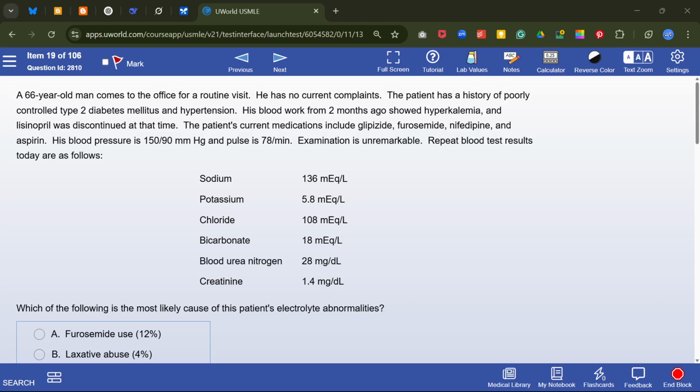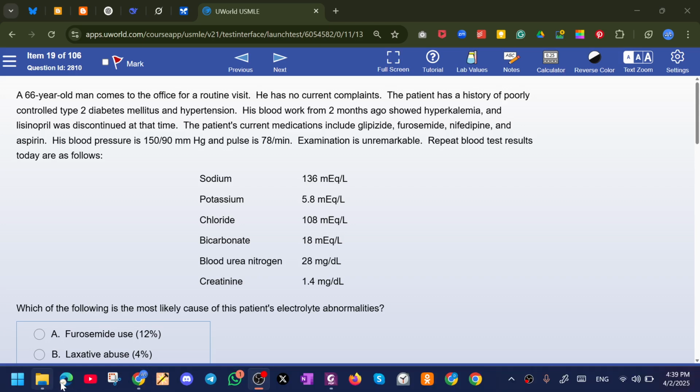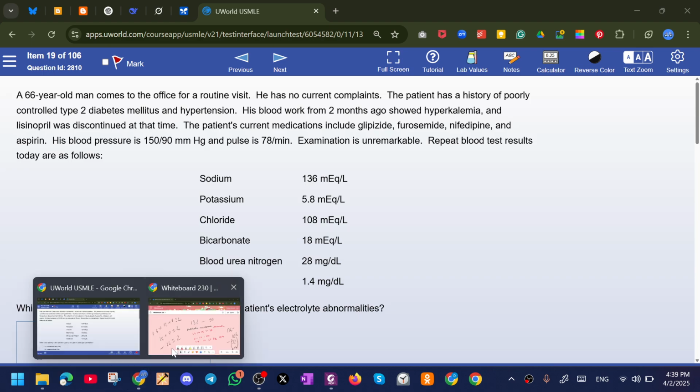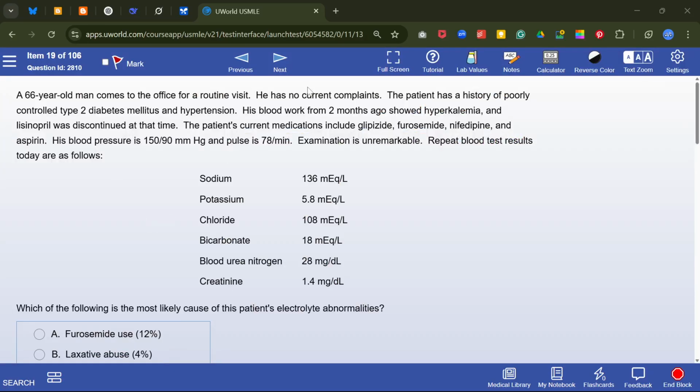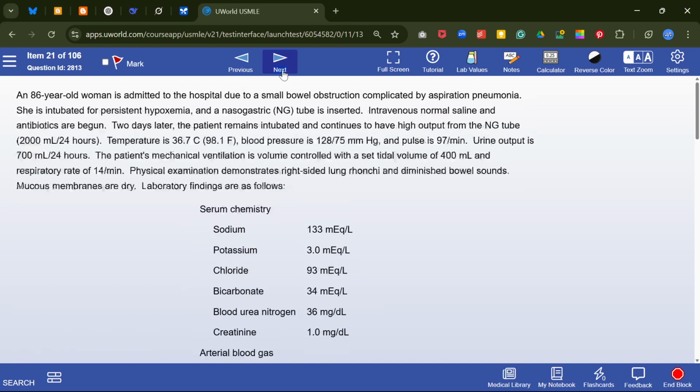It is a normal anion gap, and there is hyperkalemia. So normal anion gap metabolic acidosis along with hyperkalemia looks like type 4 RTA. Very, very high yield to diagnose this.